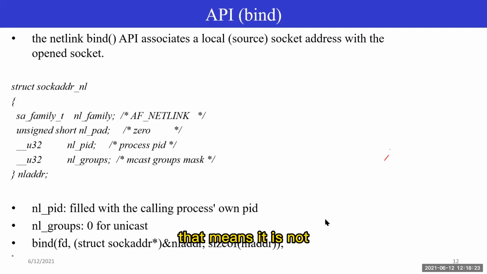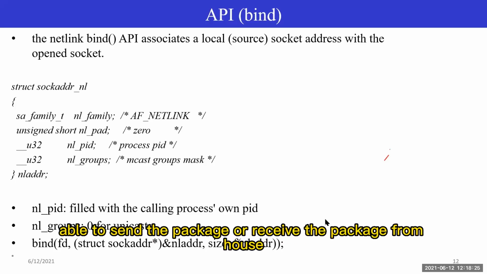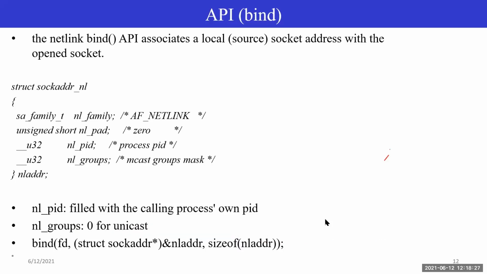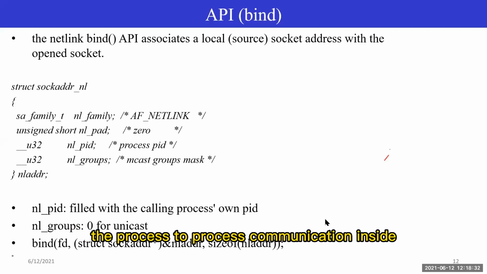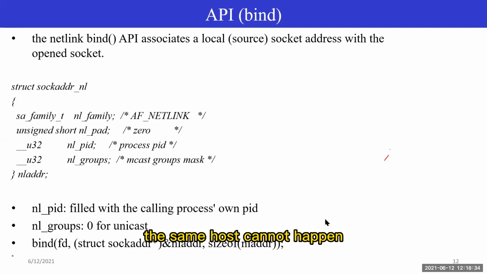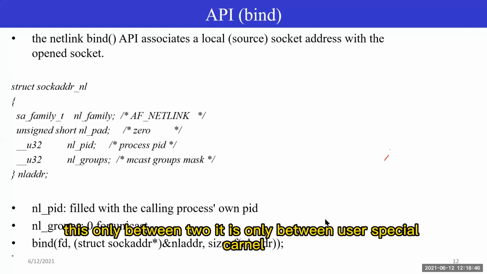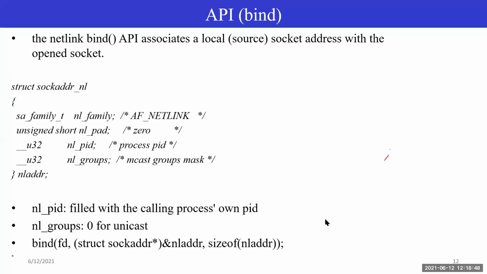So that means it is not able to send or receive packets from outside. So process-to-process communication inside the same host cannot happen through Netlink? Yes, two user space programs cannot communicate with each other using this. It is only between user space and kernel, and between two kernel modules. So one end has to be kernel mode. Yes.